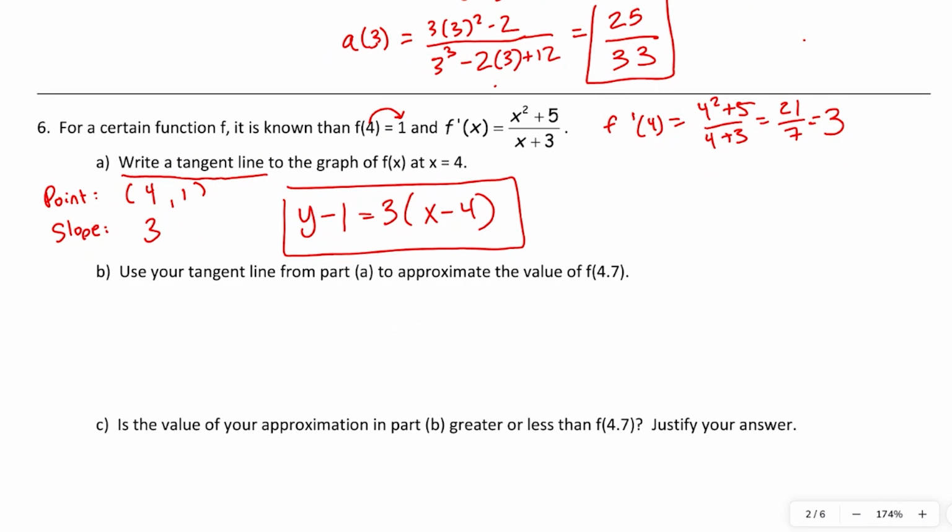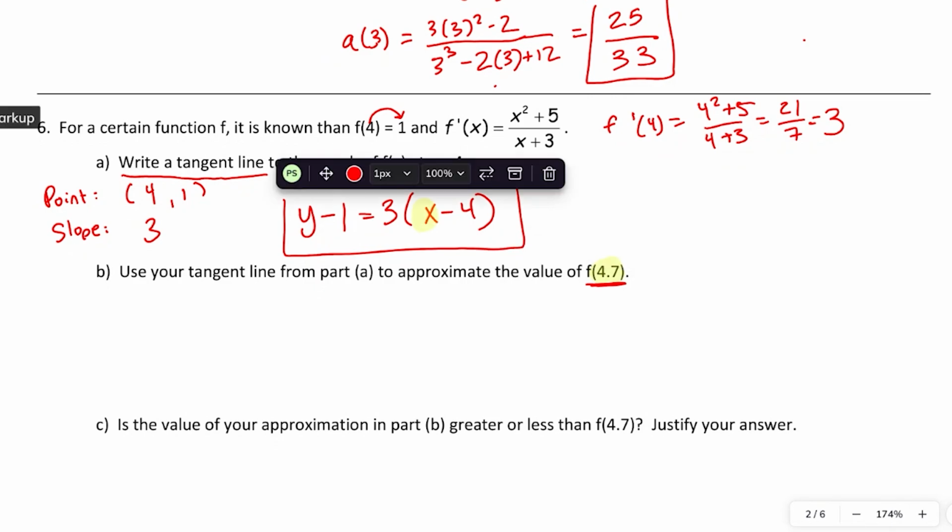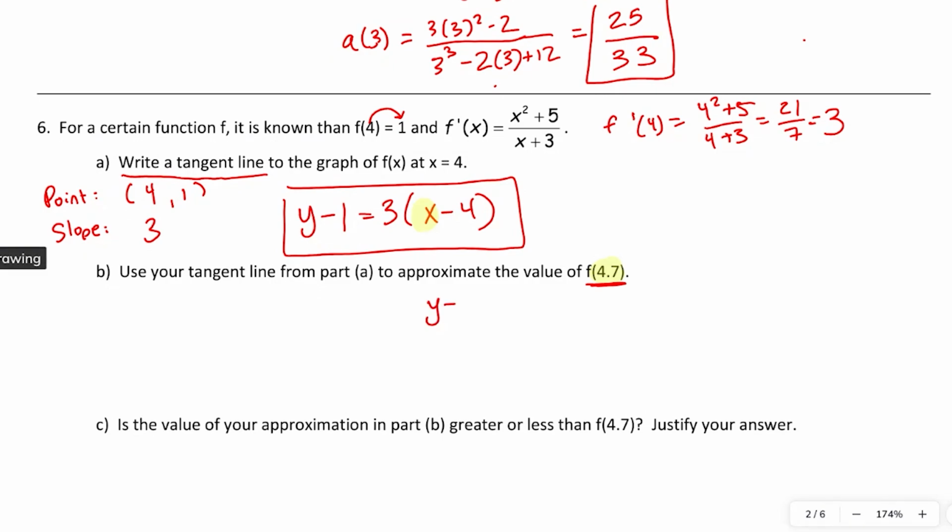B, use your tangent line from part A to approximate the value of f of 4.7. So we're just going to substitute this 4.7 into x and solve for y. So y minus 1 equals 3 times 4.7 minus 4. Y minus 1 equals 3 times 0.7. Okay, 3 times 0.7 is 2.1.